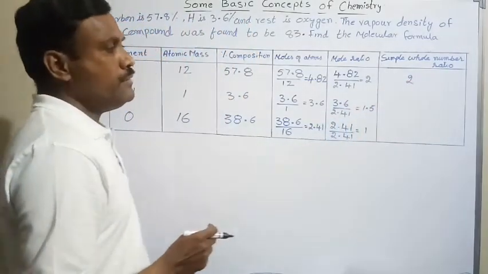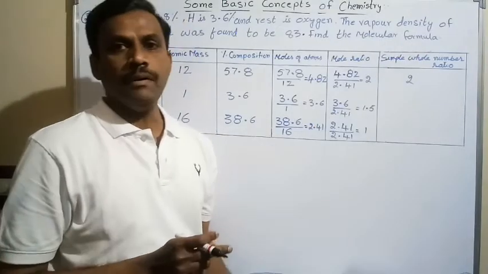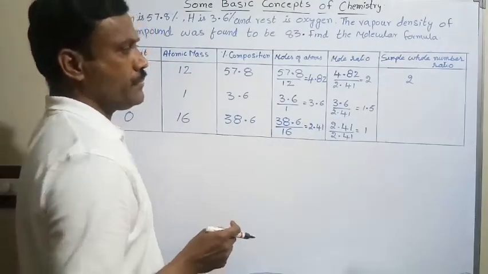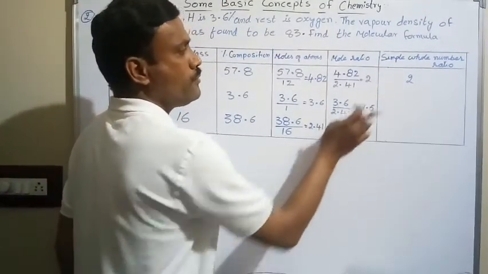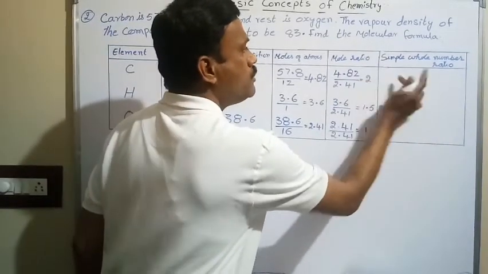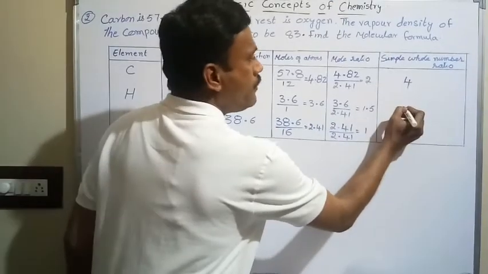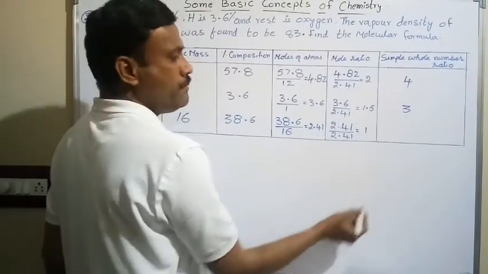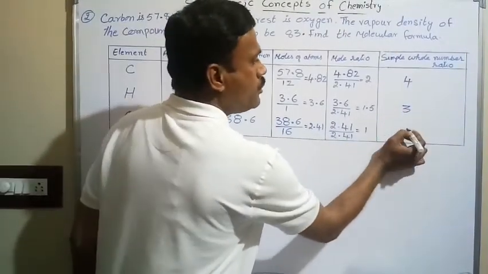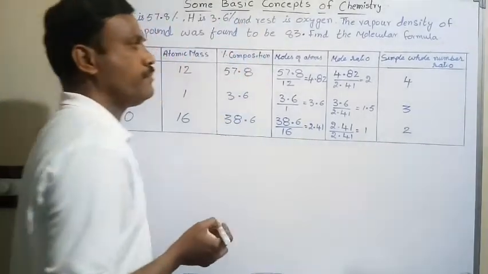Here there is a decimal. We have to change it to a simple whole number ratio, so multiply by 2. Then 2 into 2 is 4, 1.5 into 2 becomes 3, and 1 into 2 is 2.